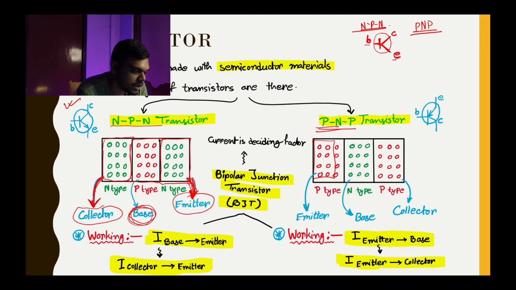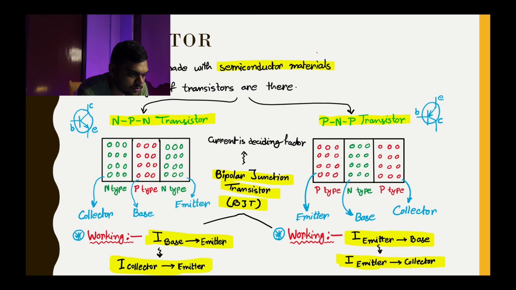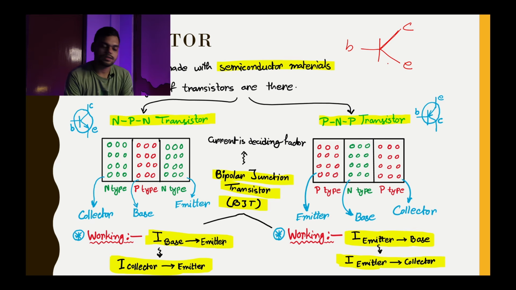Okay, so now let's have a look how they work actually. So we have base here, we have collector here, and we have emitter here. Okay, so for NPN transistors, I am talking about NPN transistor.